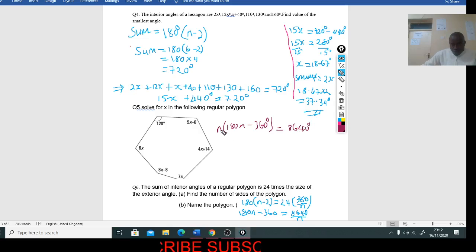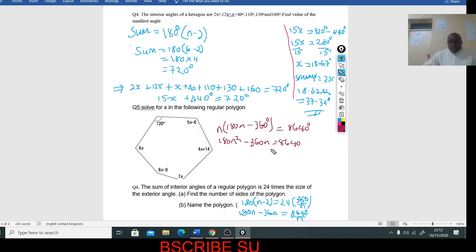Now I open this bracket, it will be 180n squared minus 360n, and this gives you 8640.